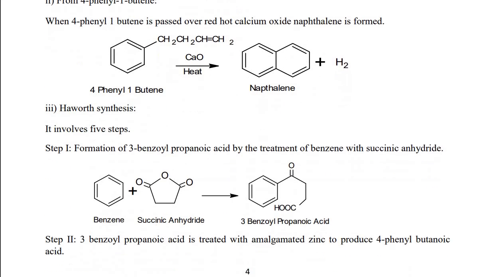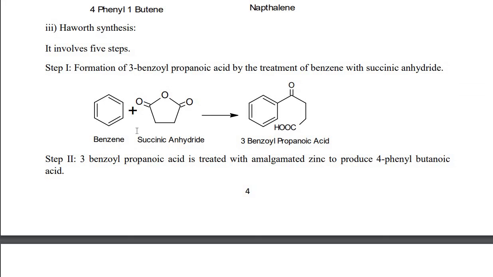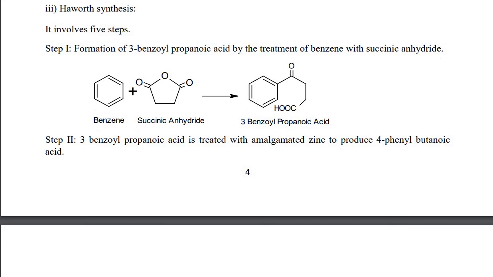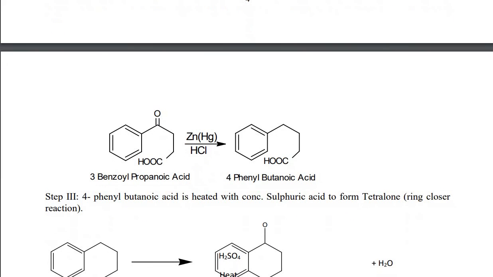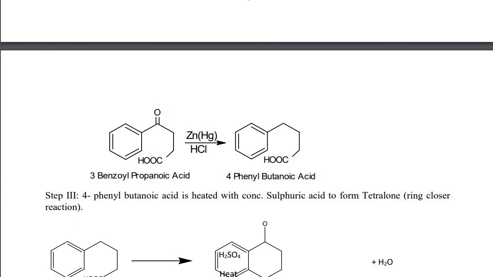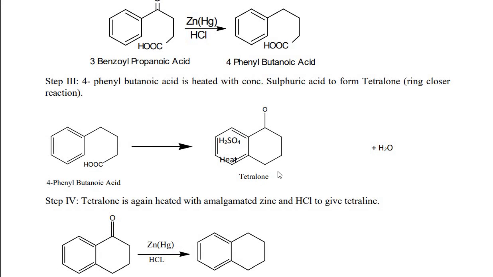Now, Haworth's synthesis. If you have benzene, it involves 5 steps. Benzene and succinic anhydride give 3-benzoyl propanoic acid. Then 3-benzoyl propanoic acid undergoes reduction and you will get 4-phenyl butanoic acid. Then this is converted into tetralone.